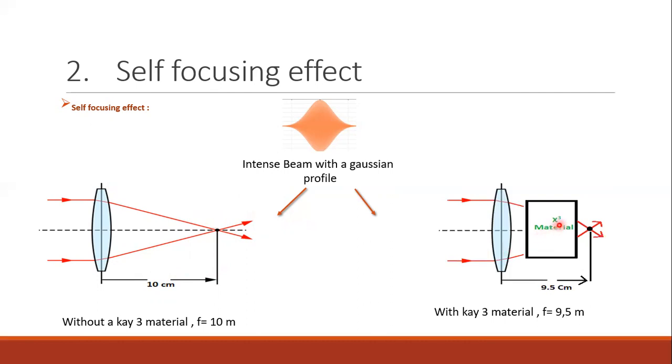However, if we implement a nonlinear optical material, especially a chi3 material, which has a positive nonlinear optical refraction, the self-focusing effect happens and the focal distance will decrease.